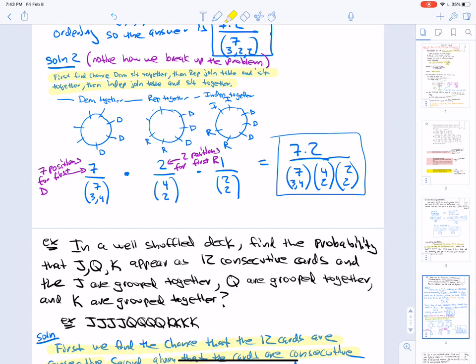And finally, requiring that the Independents sit together, given that the Republicans sit together and the Democrats sit together, has probability 1, because the Independents can only go in one place if the Democrats and the Republicans are placed. So it gives us our final solution boxed above.